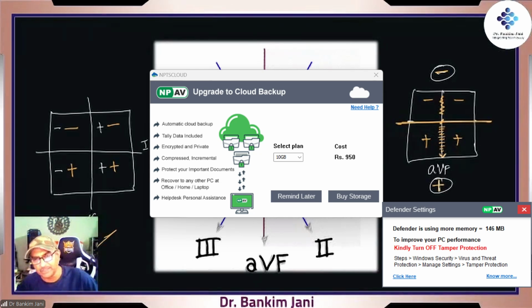This is the only chart which tells everything. If there is any doubt, let me know. But otherwise, I've got 4 yes, so I'm considering all good. So this is plus plus.